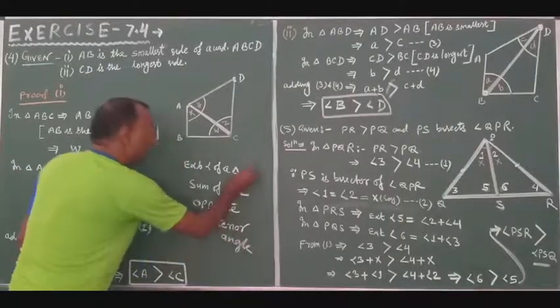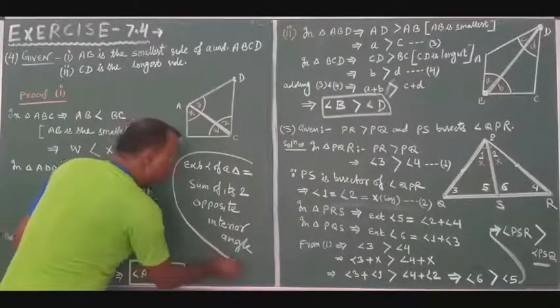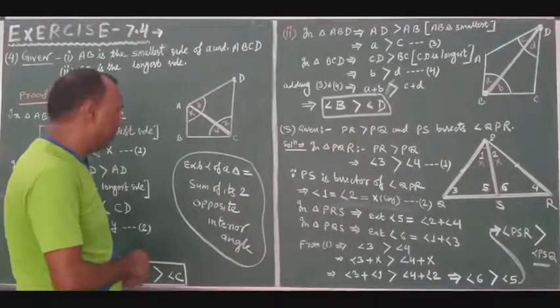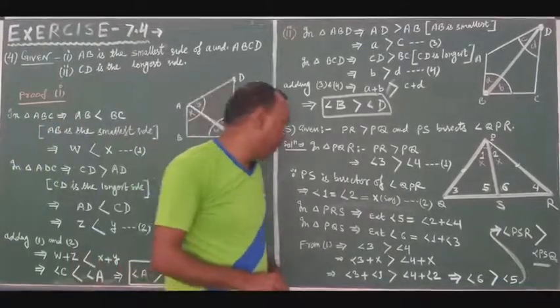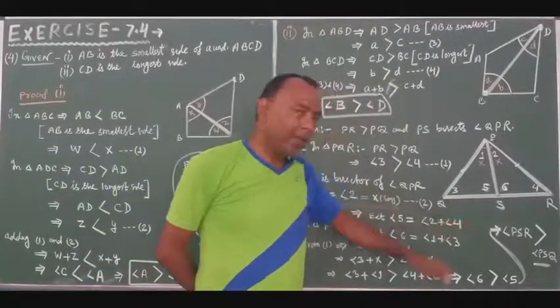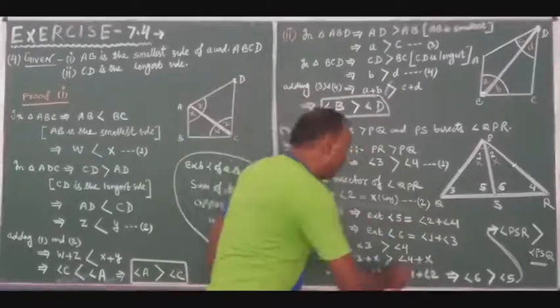It means angle 5 is equal to angle 2 plus angle 4. Angle 6 is equal to angle 1 plus angle 3. Is it okay?